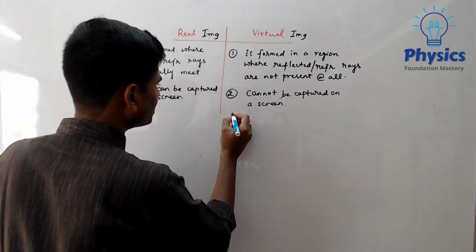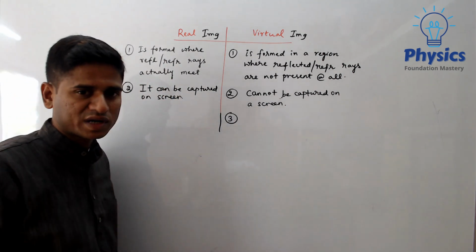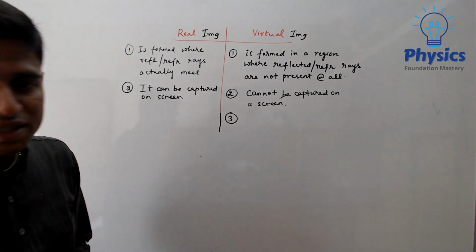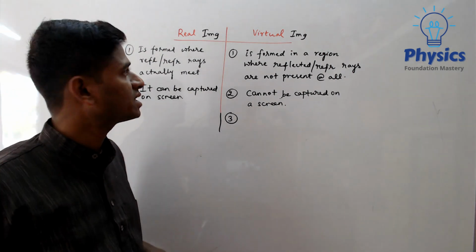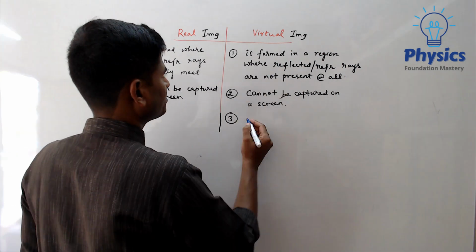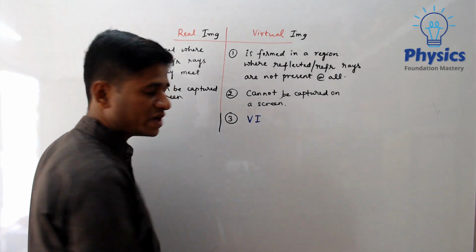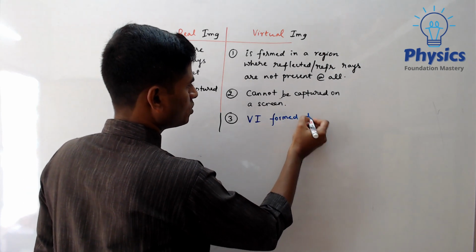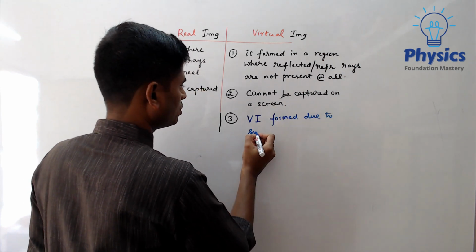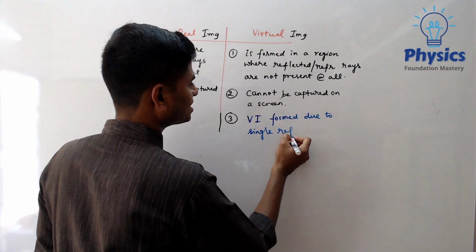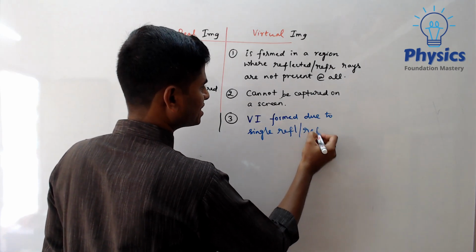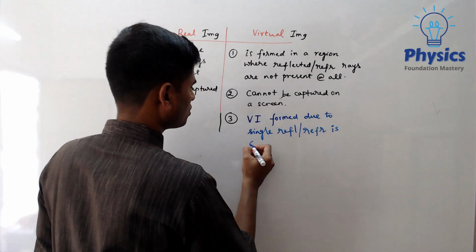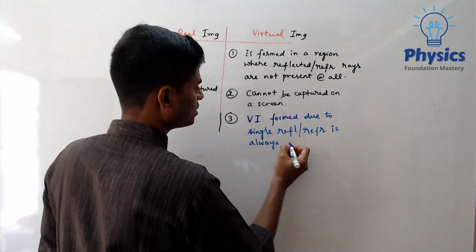Now, a very, very important thing I'm going to say. Many times students get confused with this aspect. Virtual image, I'll just write it as VI. A virtual image formed due to single reflection or refraction is always upright.